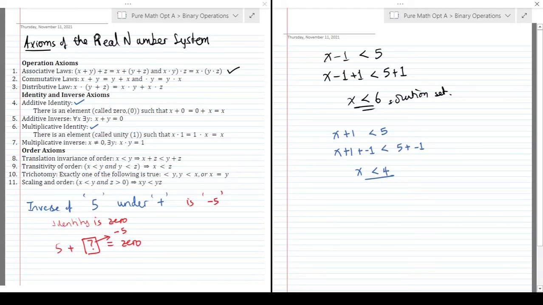In other words, you can subtract a number from both sides and you don't have to do anything with the inequality sign. The fact that you can add or subtract the same real number from both sides is what you call the invariance of the order operation under translation, or translation invariance of order.